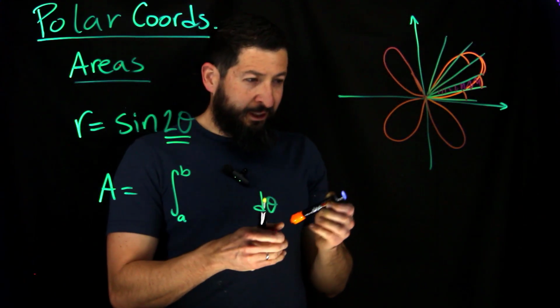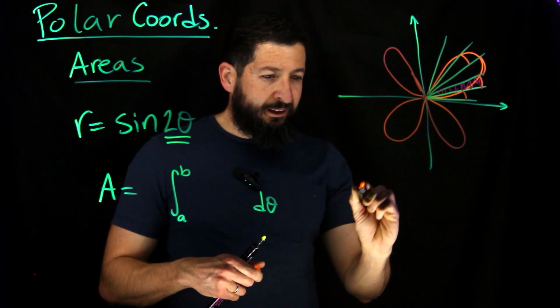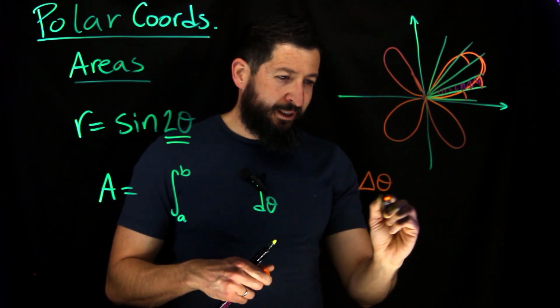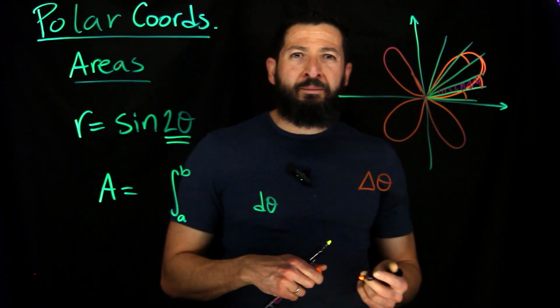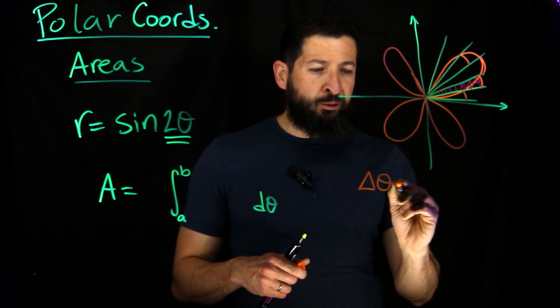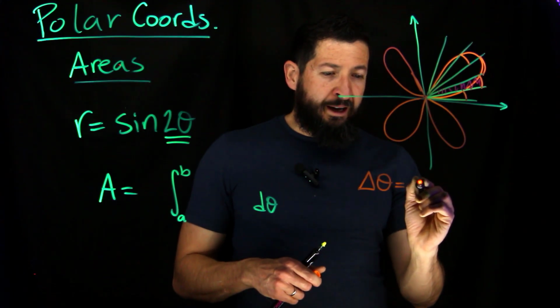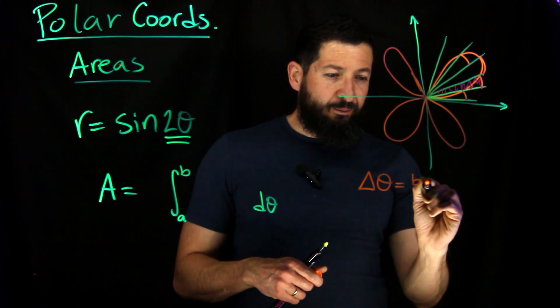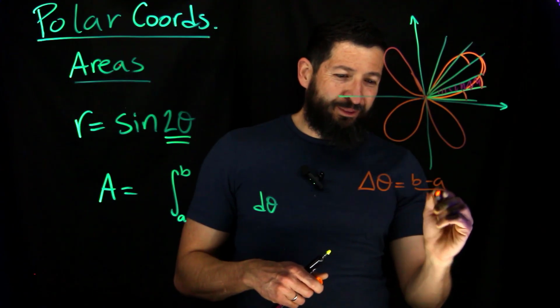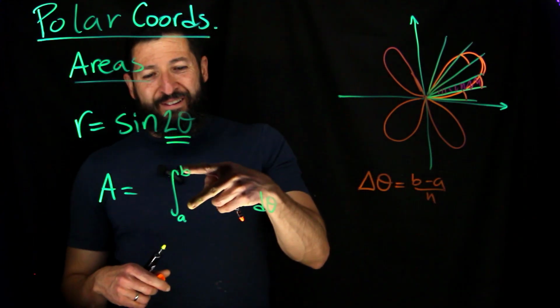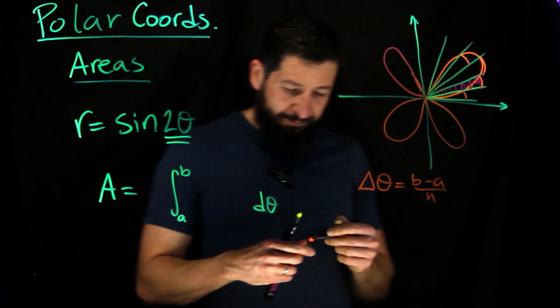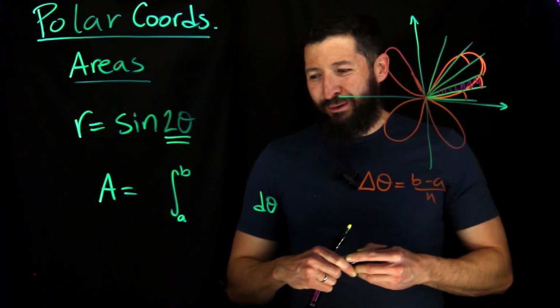Let's say that I'm going to get a delta theta. It doesn't have to be uniform, but I'm going to make it uniform just for convenience sake. So that would be just b minus a over n, and this is a partition of the angle, right? These are radians. Looks very much like what we did before.